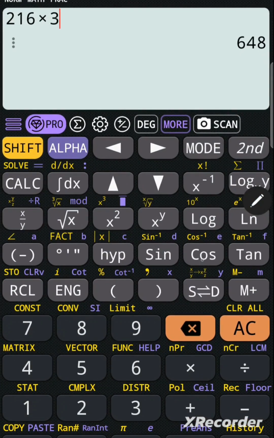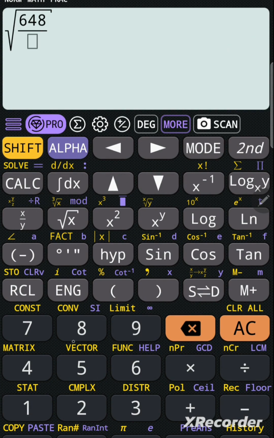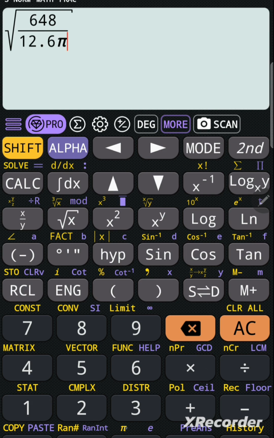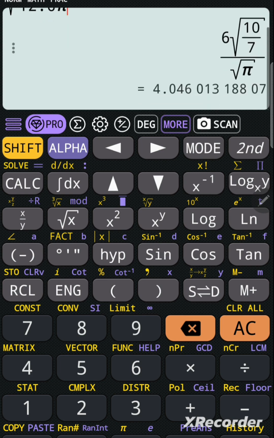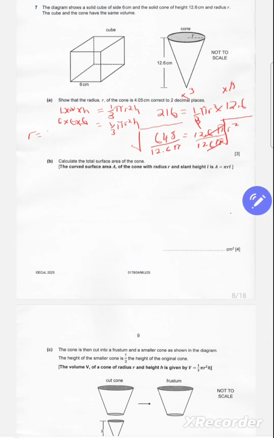So we see that r equals 648 over 12.6 pi, under the square root. How much does that give us? This gives us 4.046. So r equals 4.046.